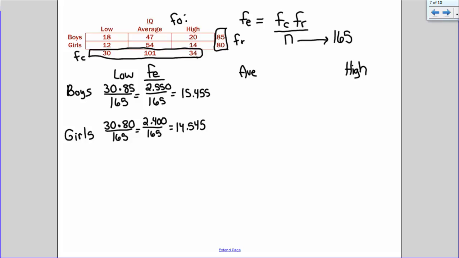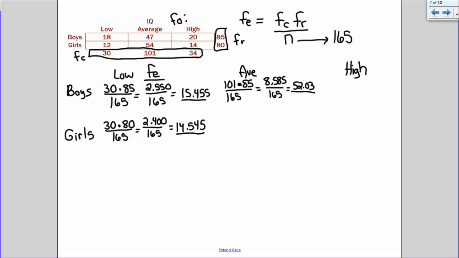Okay, now let's look at the average IQ boys. So now we have 100 children with an average IQ times the 85 boys divided by the sample size. So this becomes 8,500 divided by 165. And under the null hypothesis, we're expecting 52.03 boys to have an average IQ. Let's underline these values.